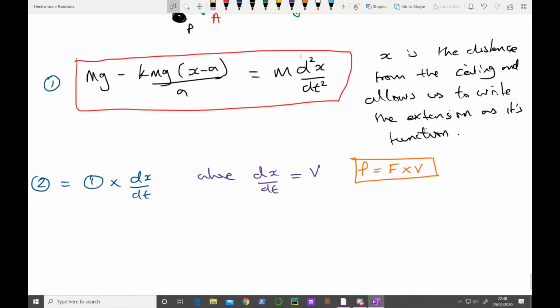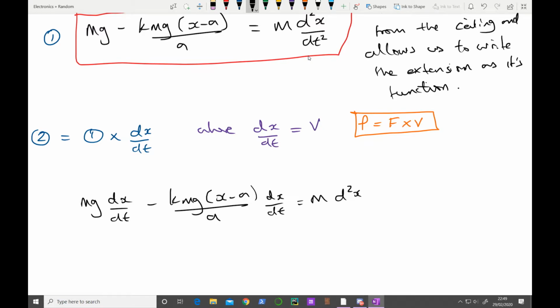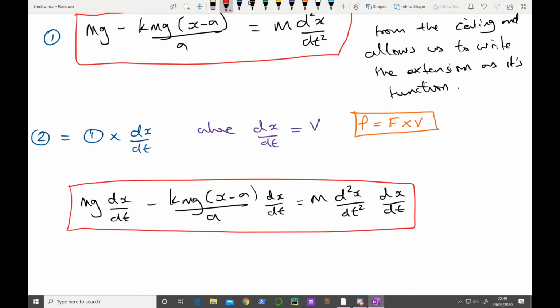So this means we are going to get an expression mg dx over dt minus kmg (x minus a) over a times dx over dt equals m d2x over dt squared multiplied by dx over dt. So this is going to be my equation number 2.